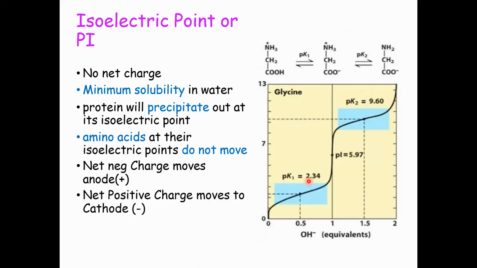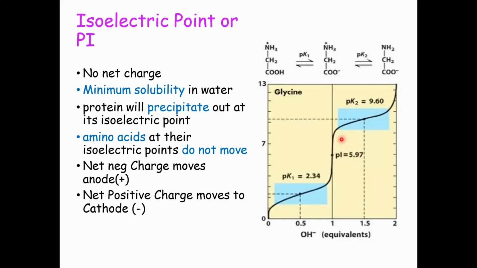And what is the PI? PI is the isoelectric point, the pH at which the amino acid is mostly formed as a zwitterion. For example, a pH of 5.97 we would call the PI. So what is the isoelectric point?